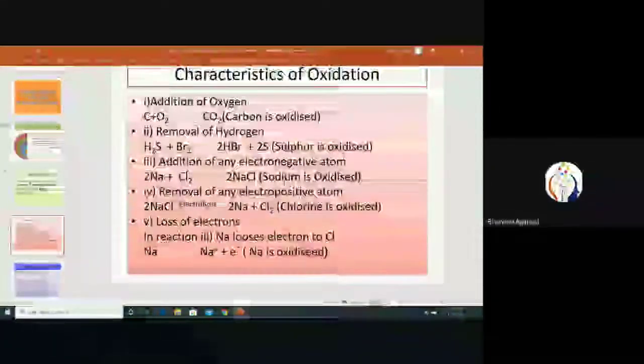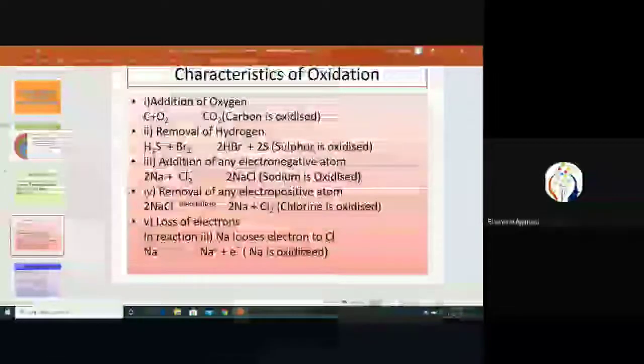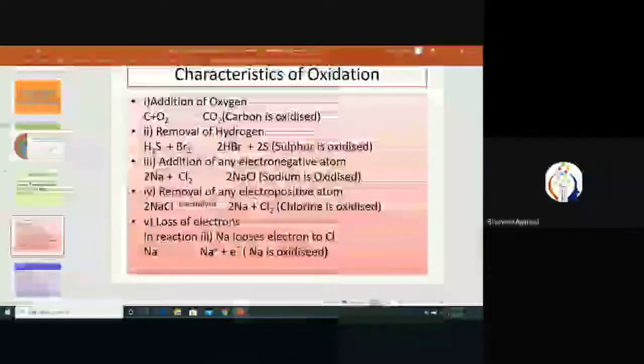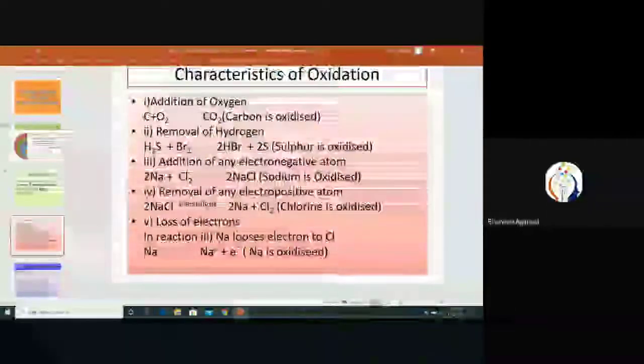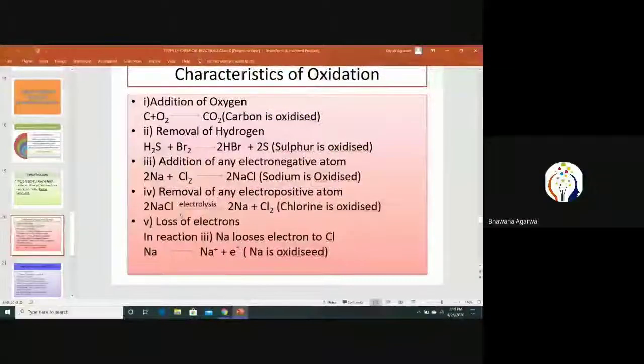Similarly to the removal of hydrogen, hydrogen has a positive charge. So any other ion having a positive charge will be said to be an electropositive atom. Here in this example, you can see sodium chloride gets electrolyzed to form sodium and chlorine.